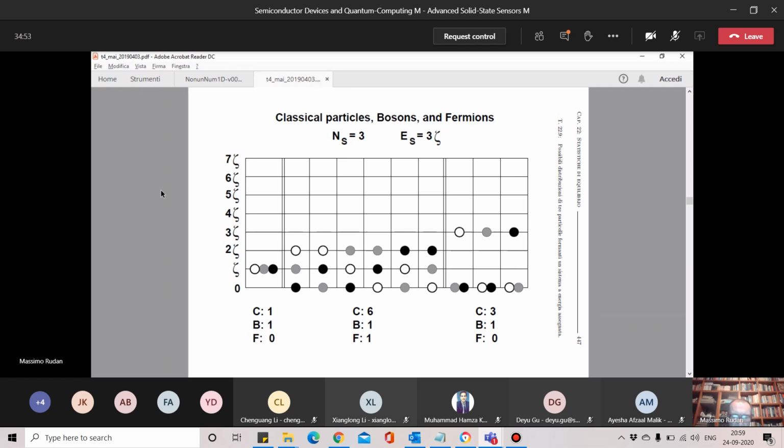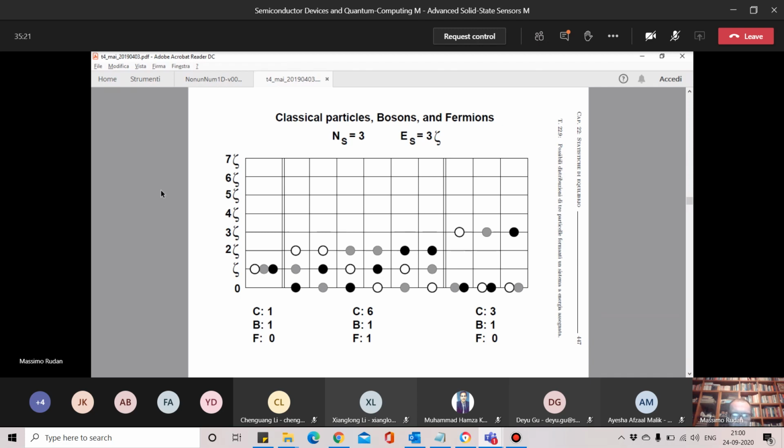And then we have another possibility, still for microscopic particles that follow the rules of quantum mechanics. And this is the family of particles that are called fermions. Fermions are particles that, first of all, are indistinguishable, okay?